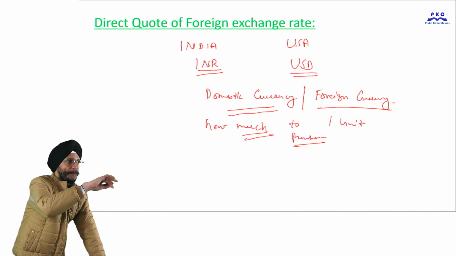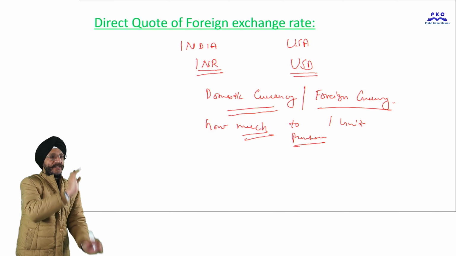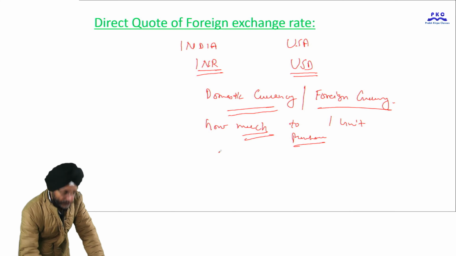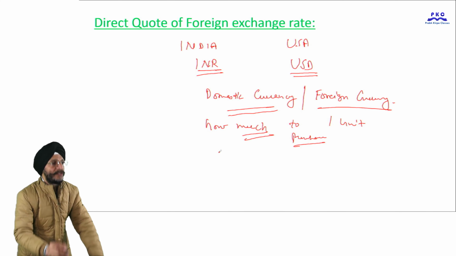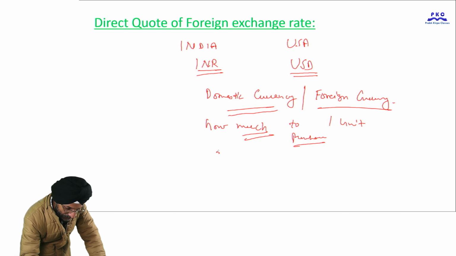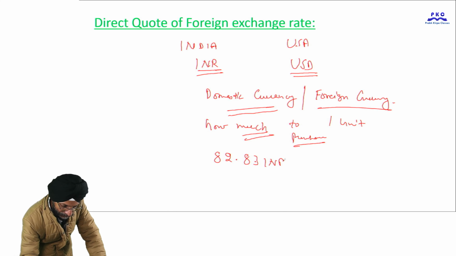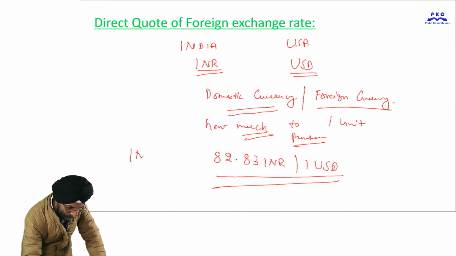If we take the example of India, Indian rupee and US dollar, what is the direct exchange quote? It is 82.83 INR for 1 USD. This is the direct quote. Here we are using INR over USD.